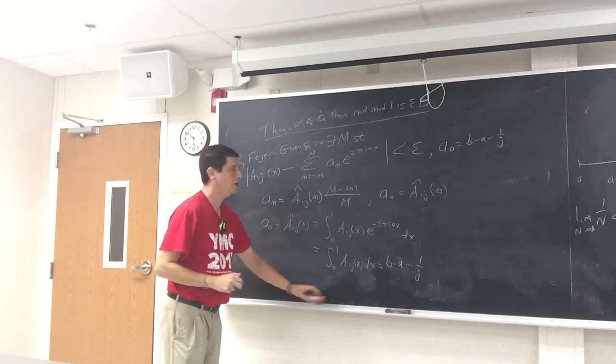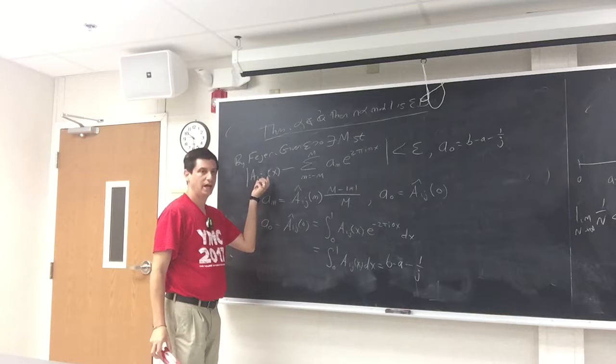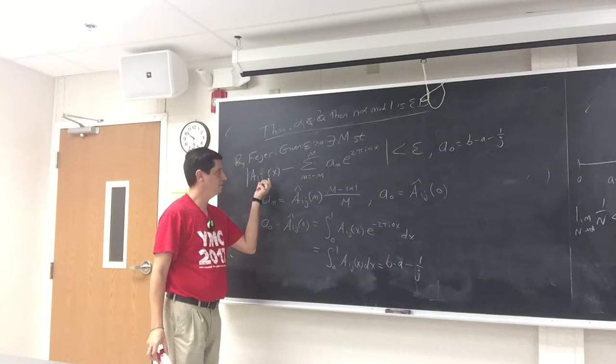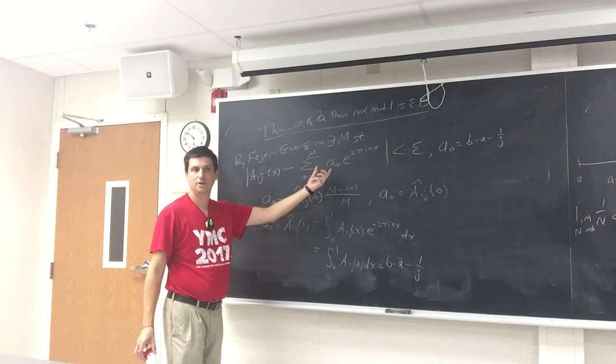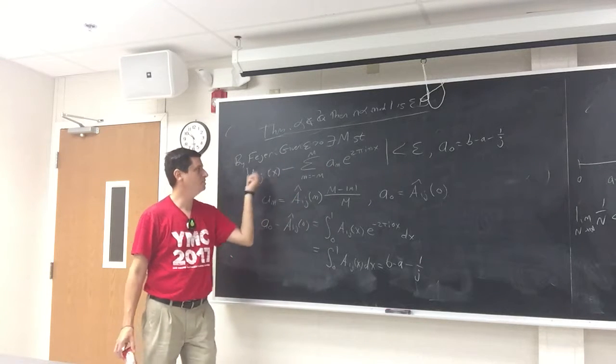Okay. So now, if I want to sum a1j at xn, that's almost the same as summing this. Right? For each summand, what's the maximum difference I could have?